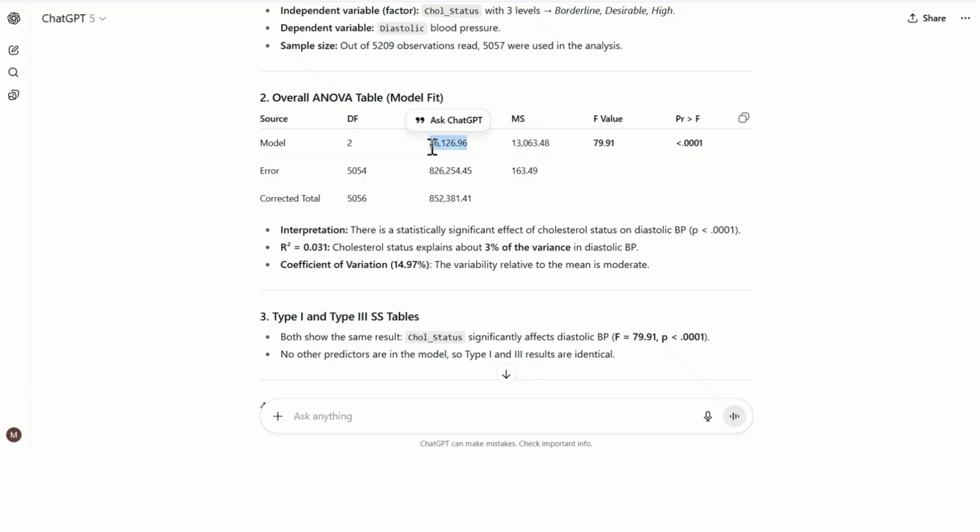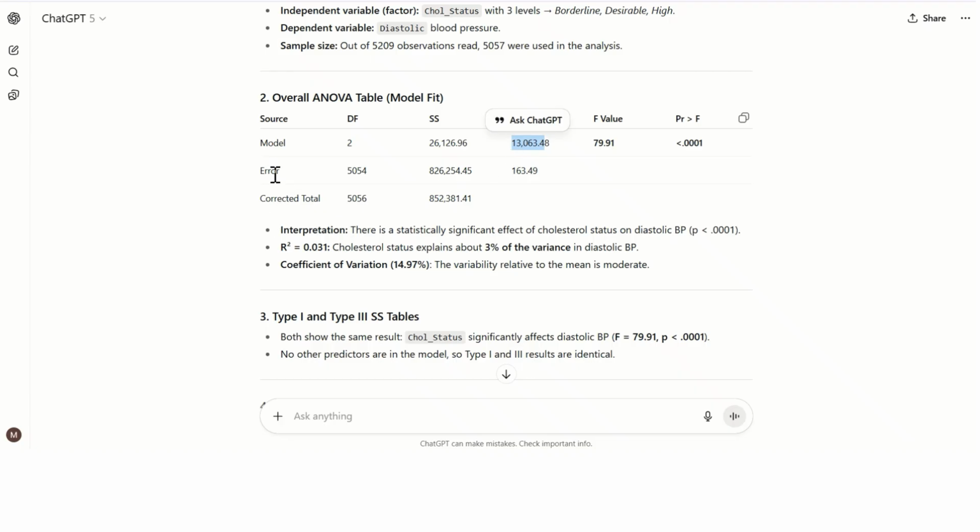The basic calculations of the model sum of squares will be the same that we saw in our last video. And when we divide this value by the degrees of freedom, we get this value. Same goes with the error sum of squares.